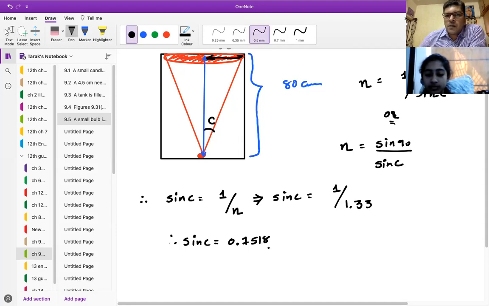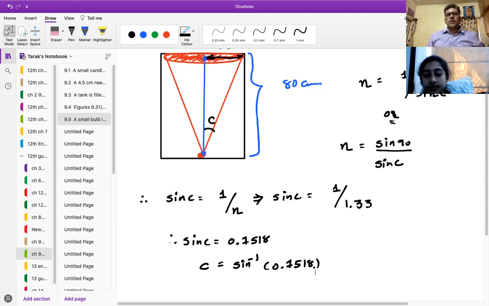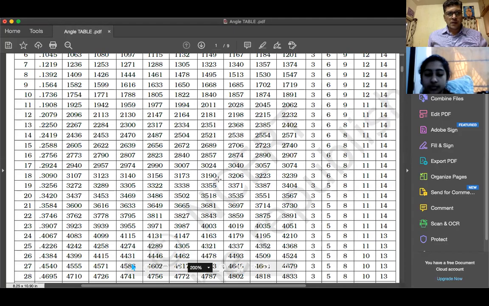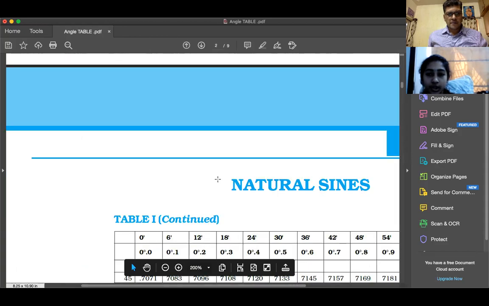But 0.7518 is not solving my purpose because I want the value of C. So C equals sine inverse 0.7518. So from the table we will find this value.